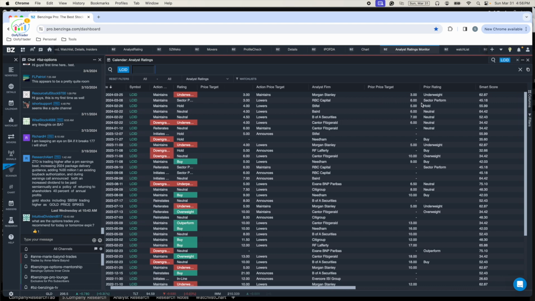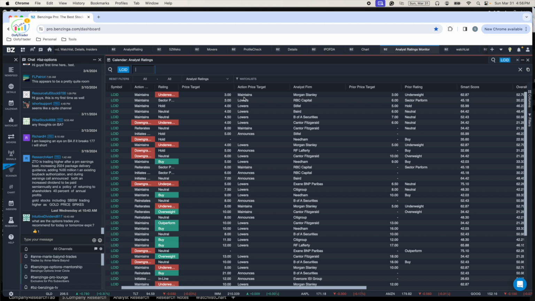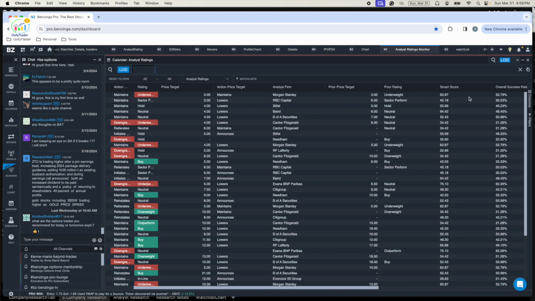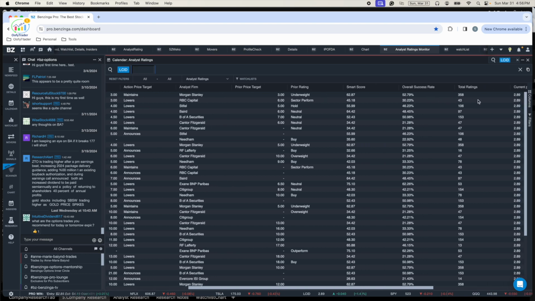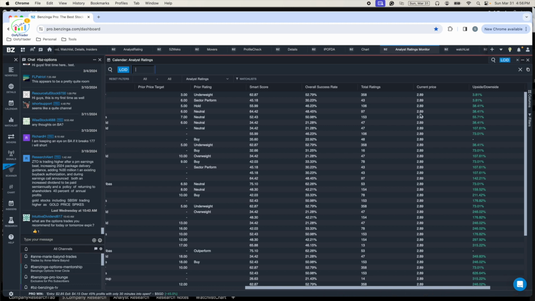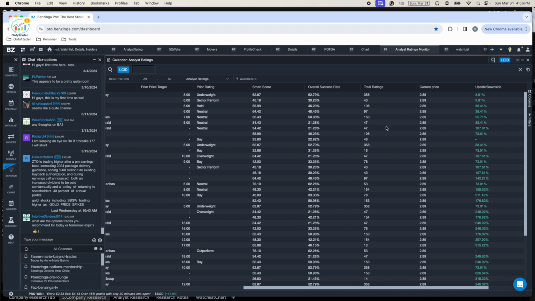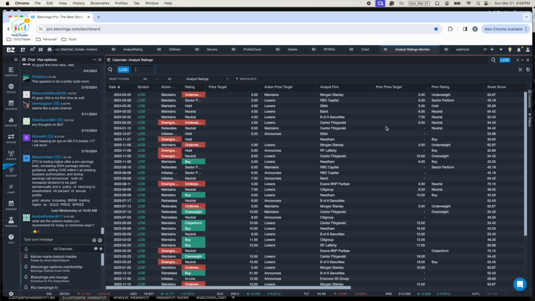The analyst who put that rating has a smart score of 62.87 and a 52.79 success rate, plus the total ratings he gives. I look into this kind of information. It tells me how strong that analyst is and which firm he is from. That way it gives me a little confidence about whether I should continue holding or not.